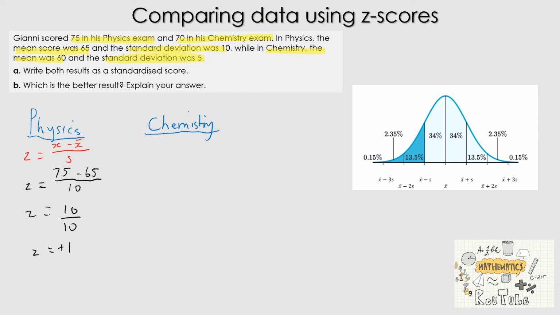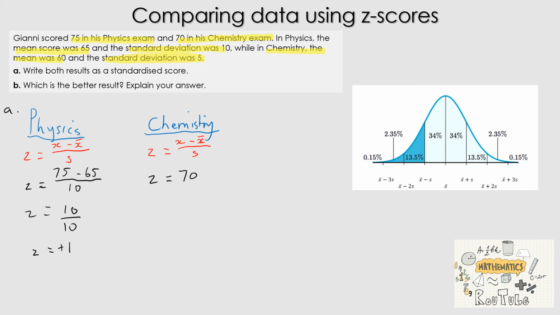Again, we've got our formula. Now we're doing part A, so let's label that as part A. What did Gianni achieve in chemistry in the exam?